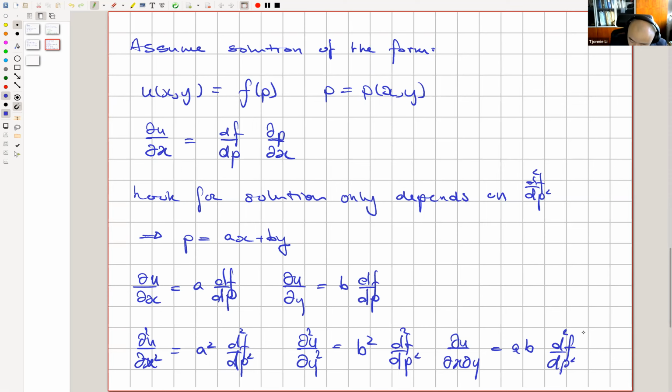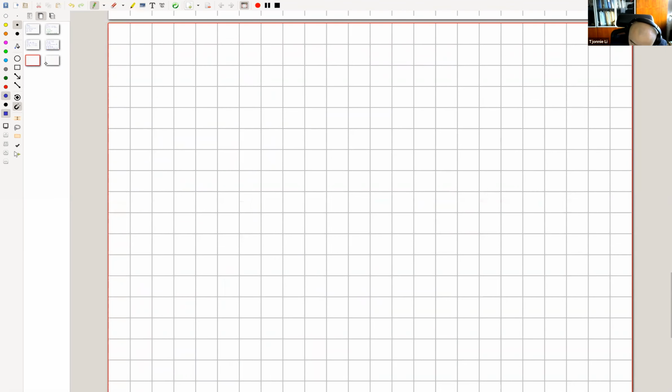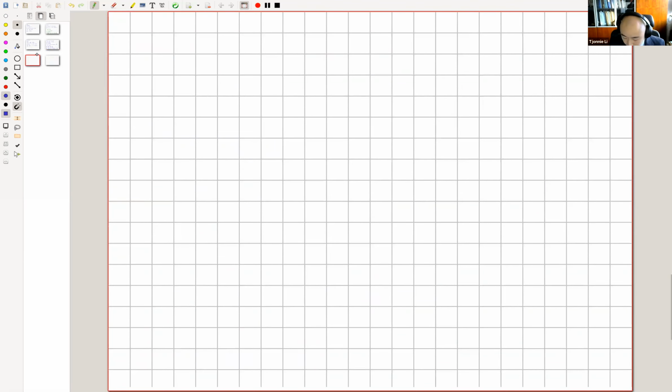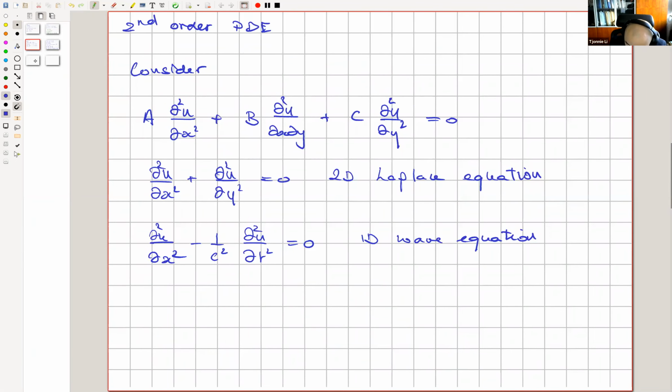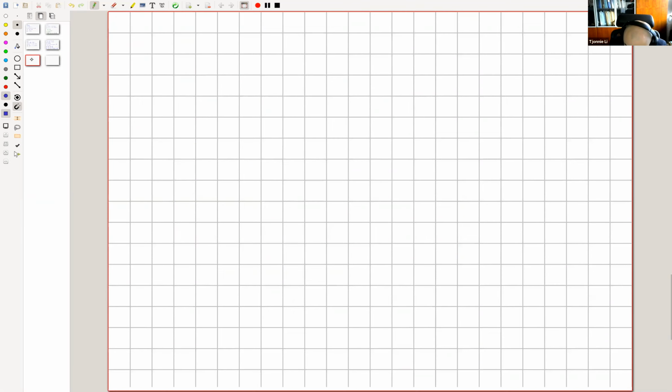Now here we still follow the same lines of reasoning that we've done before. So the beginning equation we wanted to solve now simply has the following form: A a squared plus B ab plus C b squared times d squared f/dp squared equals 0.